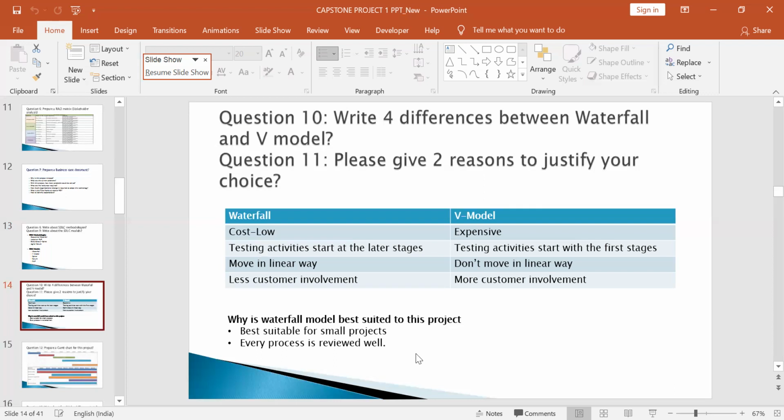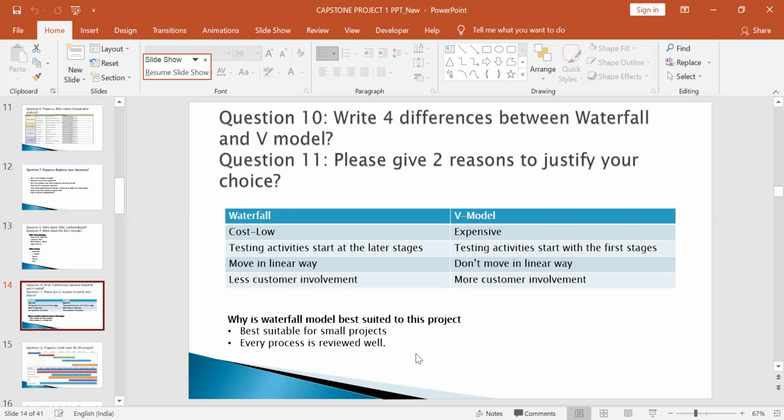So we have different phases: requirement gathering, requirement analysis, designing, development, testing, deployment and maintaining. After completing the requirement gathering, we'll move on to the requirement analysis. It's a linear way.